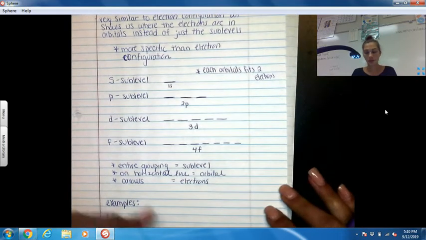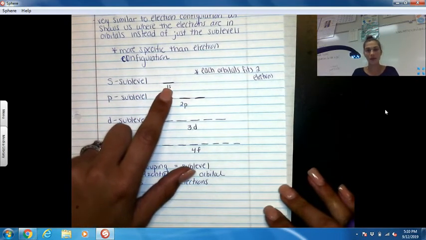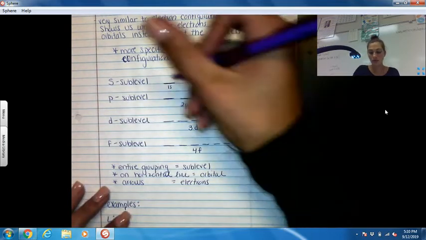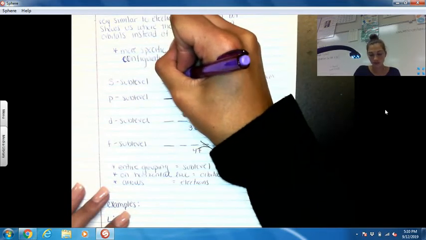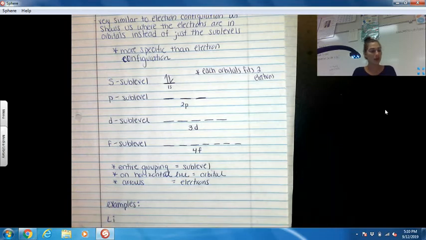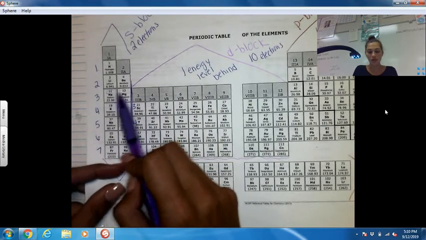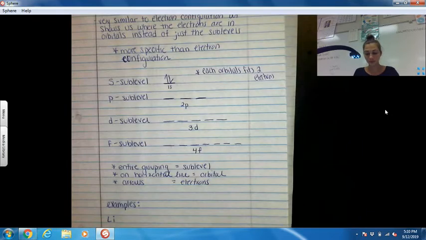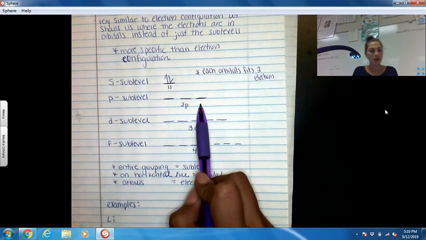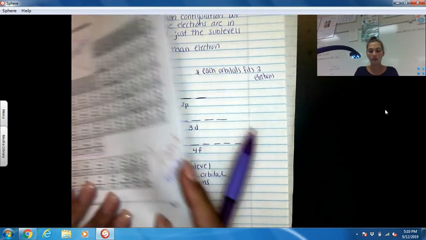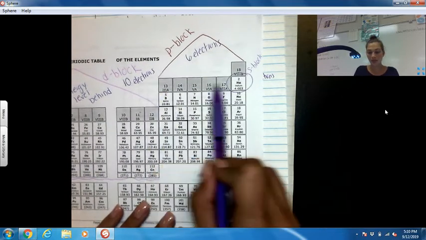Okay, so if 1s only has 1 orbital, we can fit 2 electrons on it, which is exactly the number of electrons that are in the S block. Same thing for P. So we said that the P block has a maximum of 6 electrons.